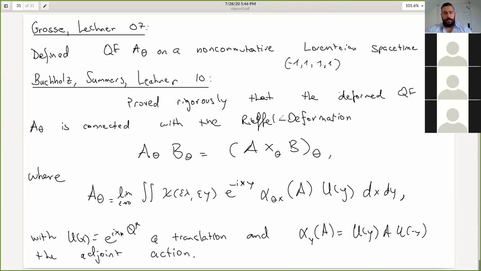And with these quantum fields, usually when you have non-commutative spacetime, since you don't have a notion of a point, you get in trouble with causality. That is a huge advantage of relativistic quantum field theory.